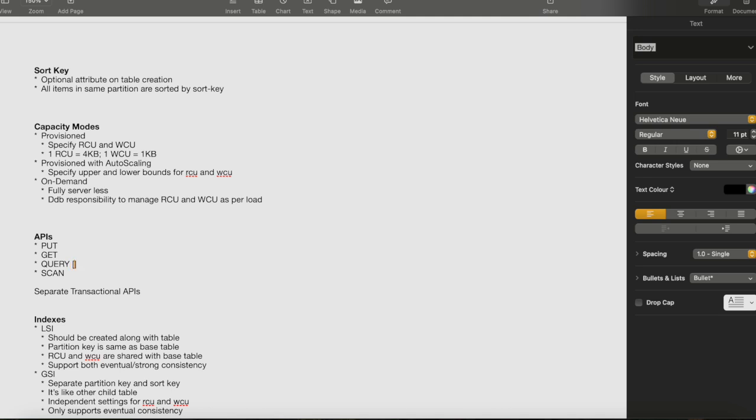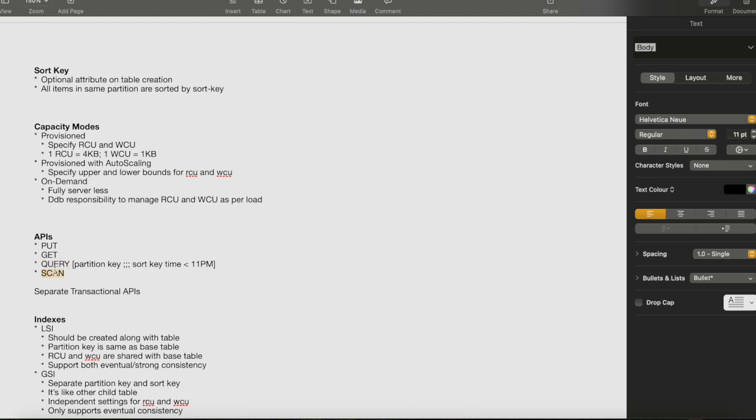The one use case I was mentioning: you specify the partition key, and then you specify the sort key as, let's say, time less than 11 p.m. So you will get the data which is less than this 11 p.m. Or let's say if you specify some epoch value, you can define that time range and all. So this is where your query is helpful.